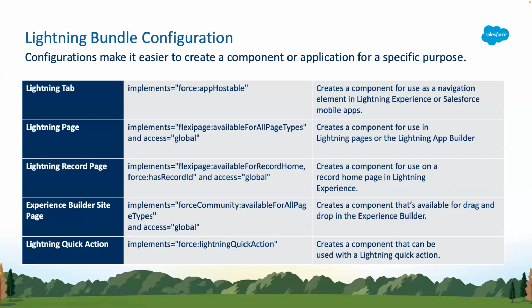Second, I can also use the Lightning page itself. In the Lightning App Builder, you need to drag and drop the page. In that case, you need to use flexipage:availableForAllPageTypes.